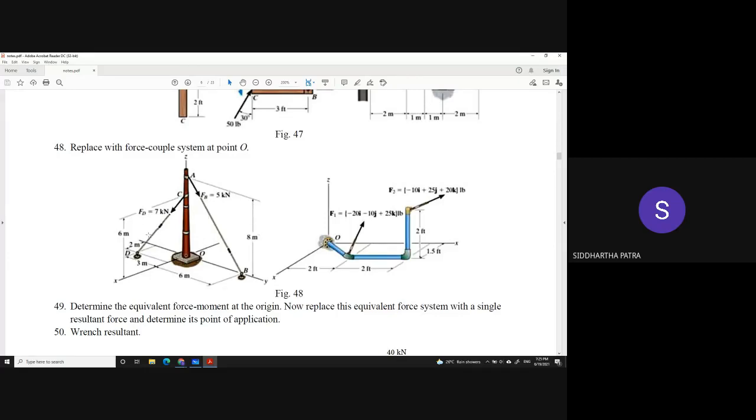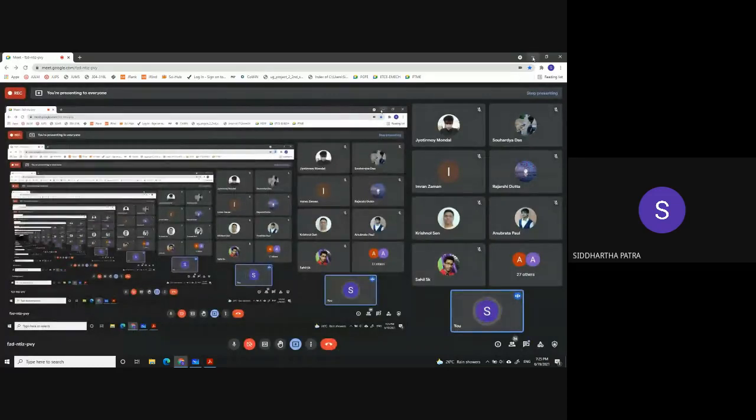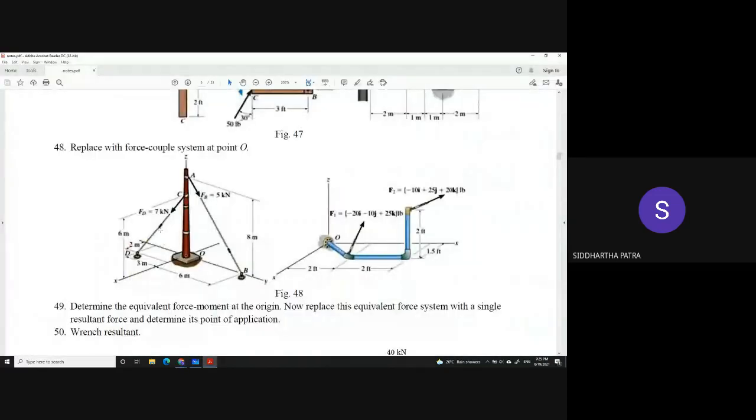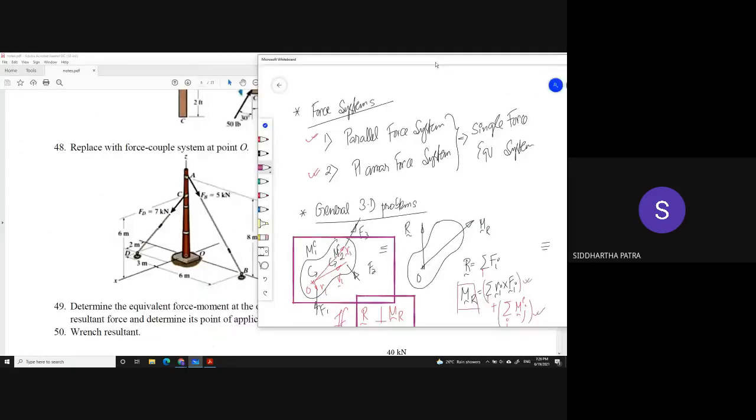From the position vectors of all of these, you can identify the position vectors of D with respect to C and B with respect to A, so that you can identify the unit vectors along the cables. And once you do so, you can have the Cartesian representation of the forces FD and FB. So let's try that.